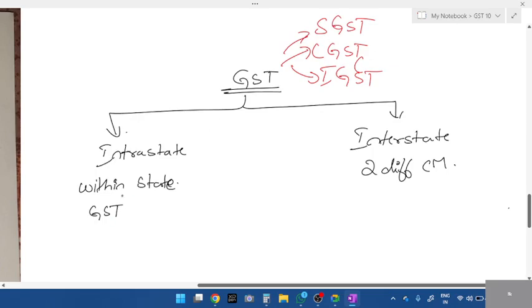Okay. Now, when it is intra-state, intra meaning within. All of you remember this. Inter, the only difference is TER. For inter is TER.